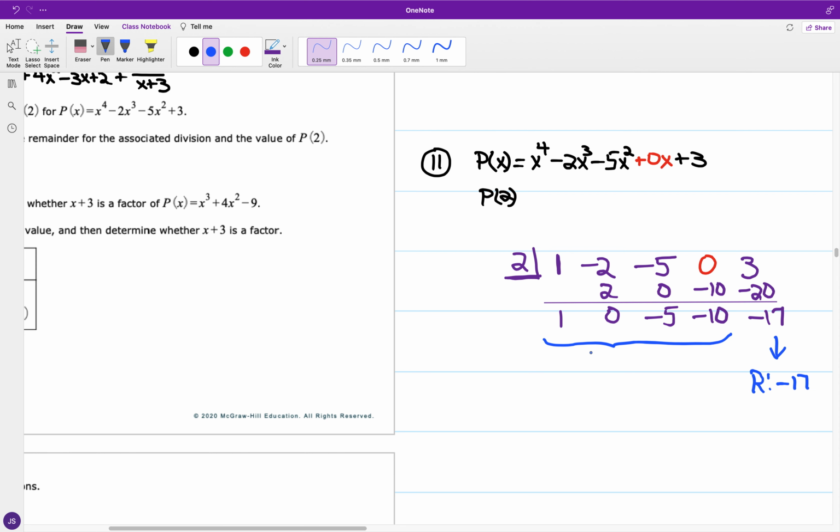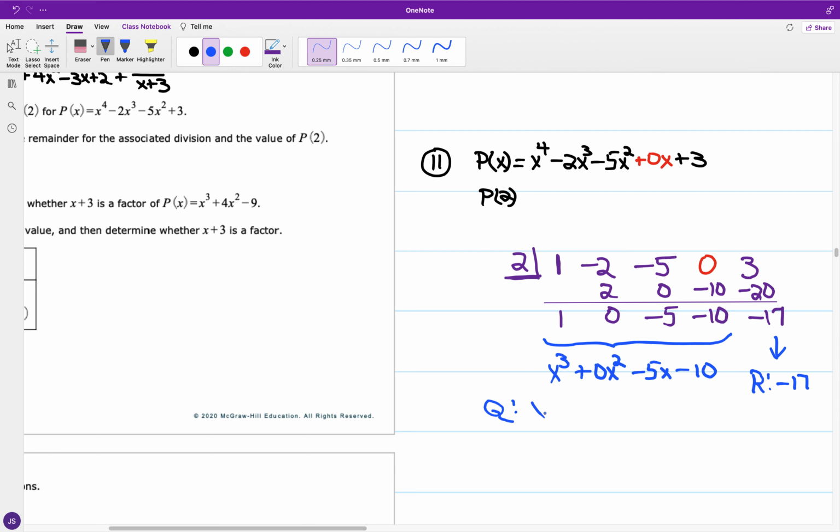And for the quotient, I'm going from x to the fourth to x cubed. If you notice, we have a missing x squared term. And I think in terms of how Alex would want the quotient to be written, it's to not even have the 0 coefficient in the answer.